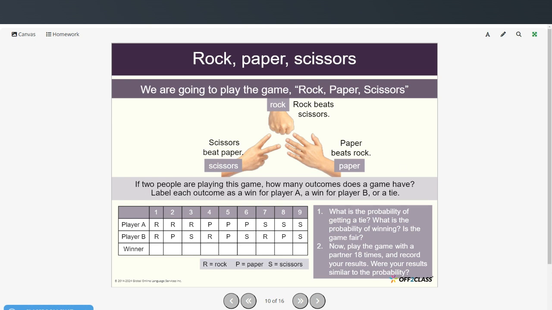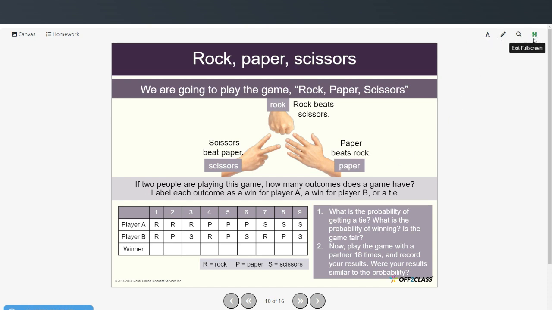And then you'll answer the questions. What is the probability of getting a tie? What is the probability of winning? Is the game fair? And then for fun, if you want to, you can play the game with a partner 18 times and record your results. Were your results similar to the probability?